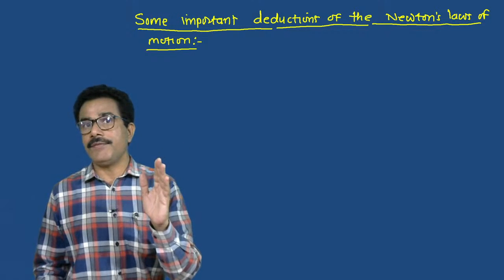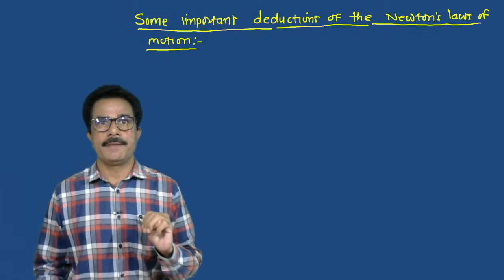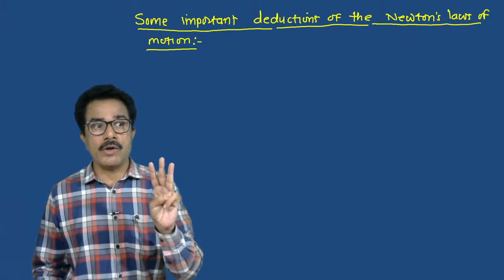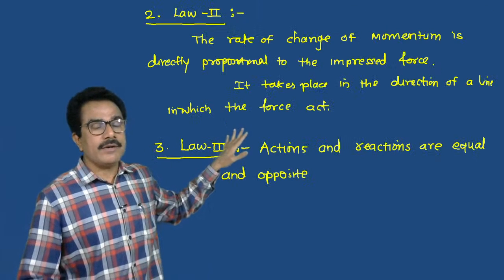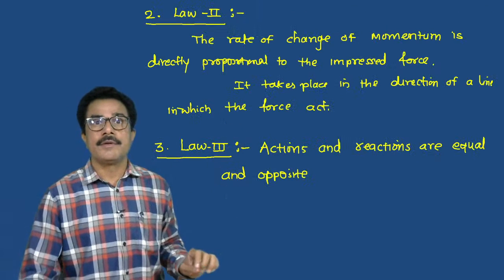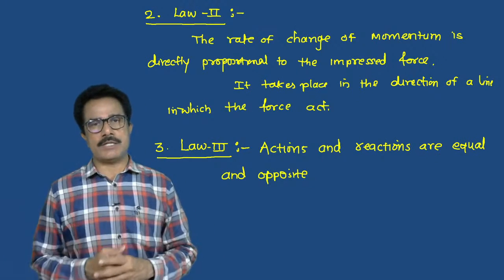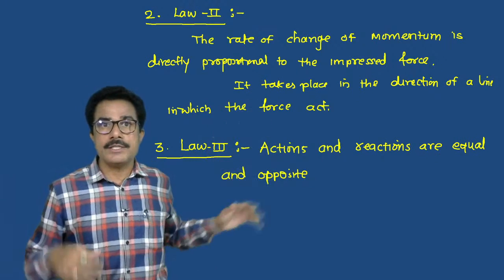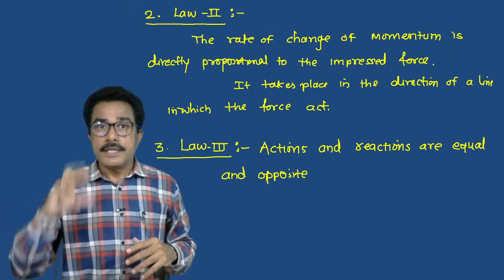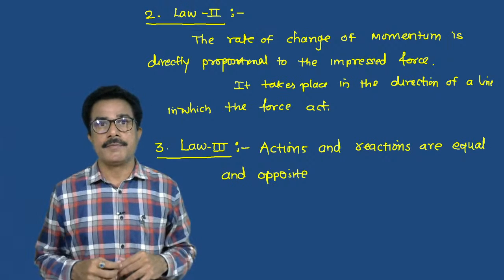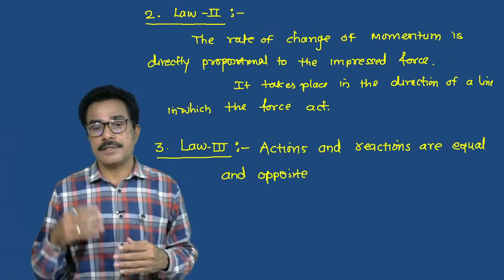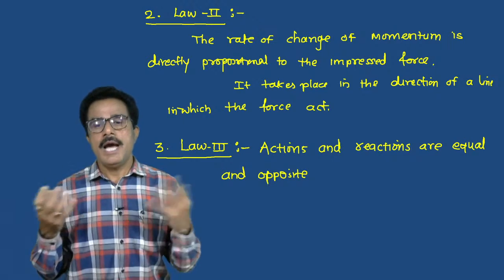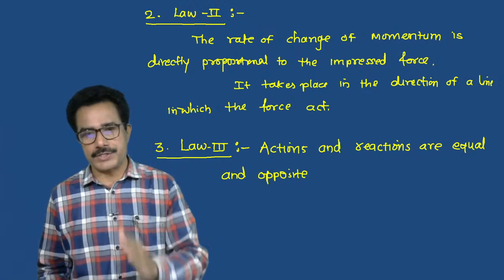Actually Newton defined three different laws, but these laws also give different results, different conclusions, and those conclusions, those outcomes, are called deductions.